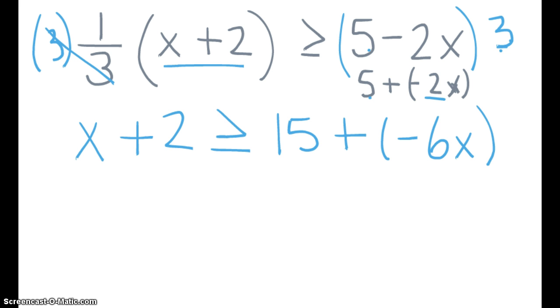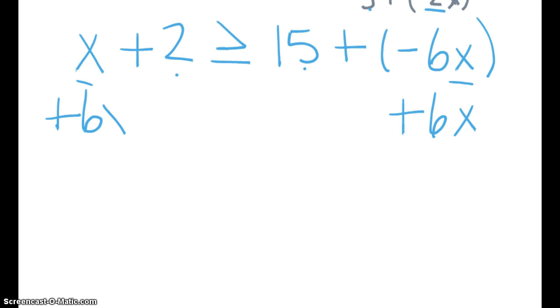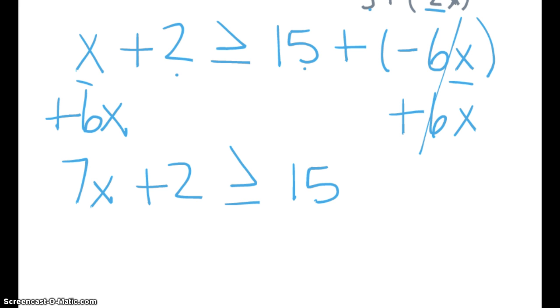Now what I notice is I have x's on the left and x's on the right, and I have positives on the left and positives on the right. So I'm going to add 6x to the right and 6x to the left. So I have 7x plus 2 is greater than or equal to 15, because those guys zeroed out.